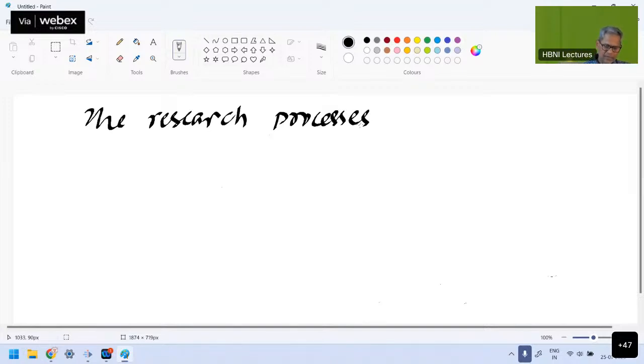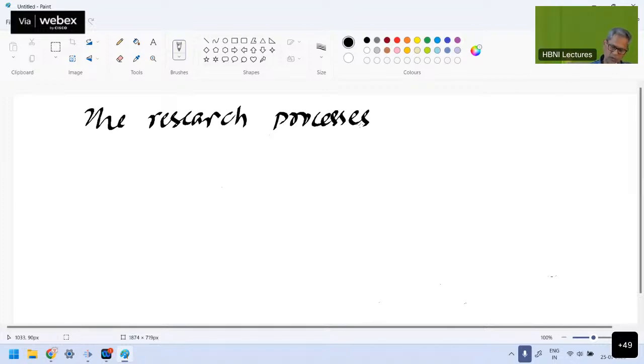As I told you earlier, there is a 6-step process we follow to do scientific research. Everybody who does scientific research has to follow these 6 steps. You may be doing quantitative or qualitative, descriptive, or observational research, or a questionnaire, any form of research. We have to follow these 6 steps.